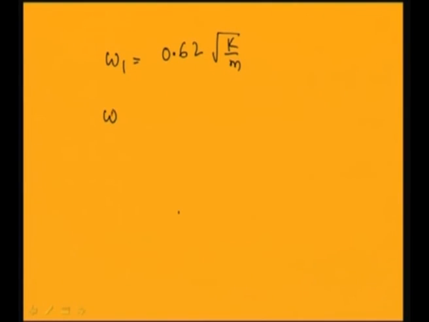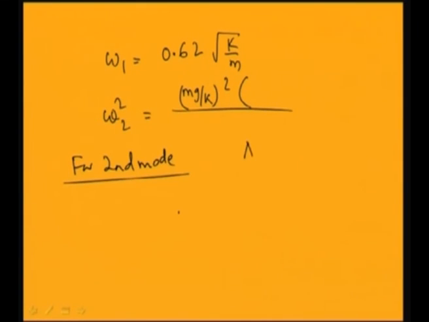Similarly, you can find omega 2. In this case omega 2 square will be equal to (mg by k) whole square into, for the second mode, taking a1 equal to 2 mg by k and a2 equal to minus 2 mg by k.